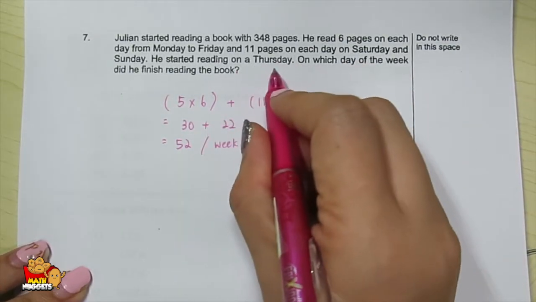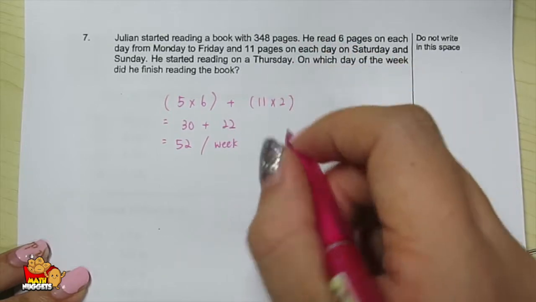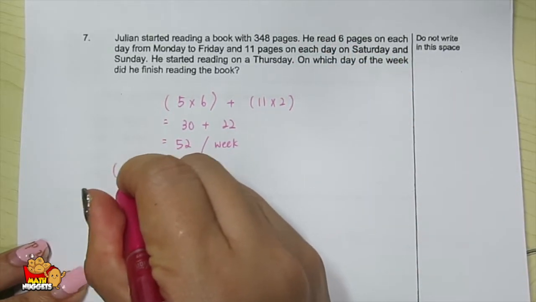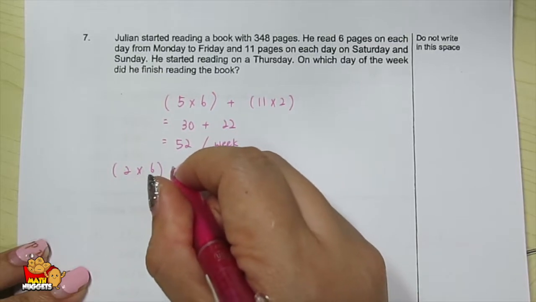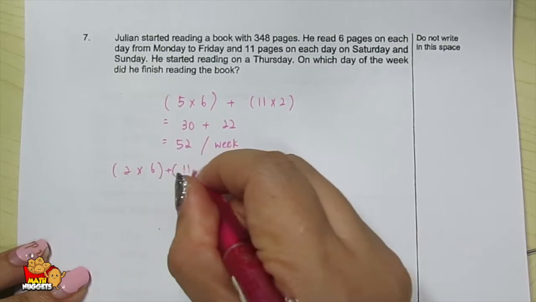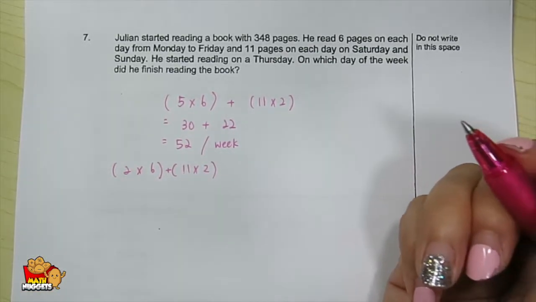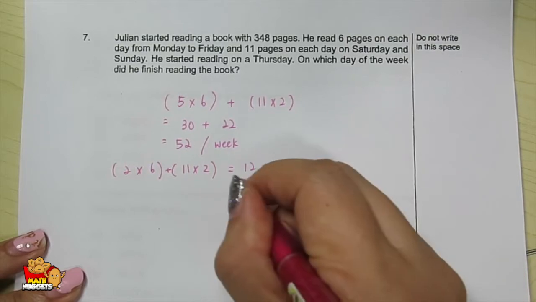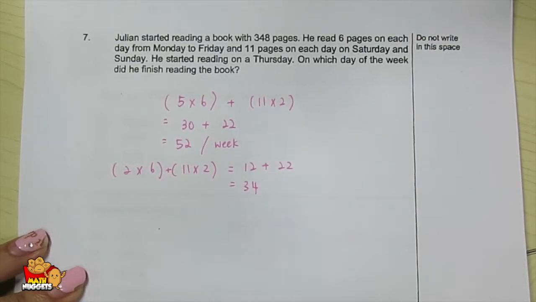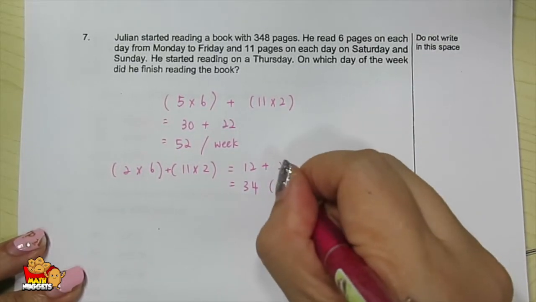And for a start, he started on Thursday, right? So that's Thursday, Friday, which is 2 weekdays. And then Saturday, Sunday, which is 11 times 2. So this is for the first week.